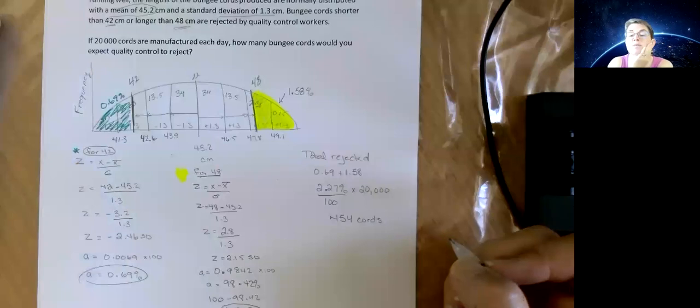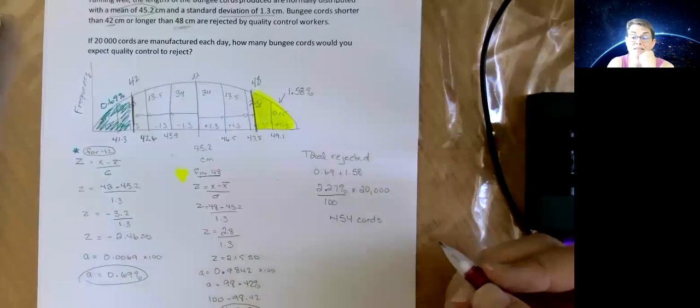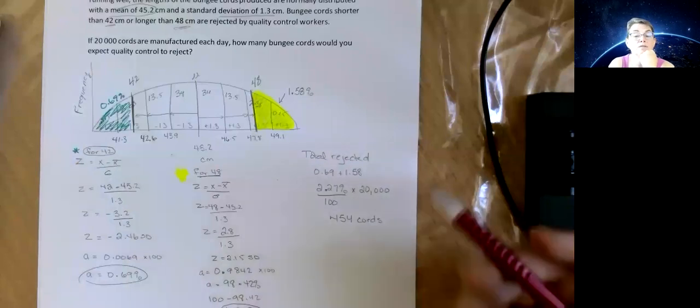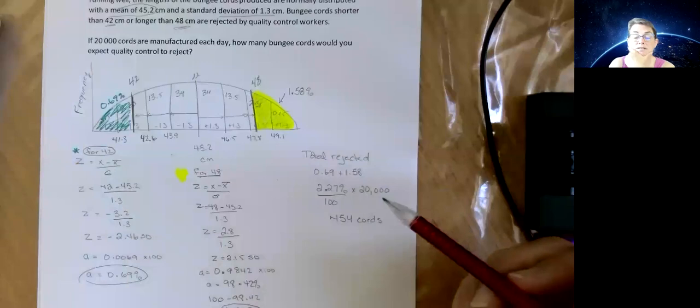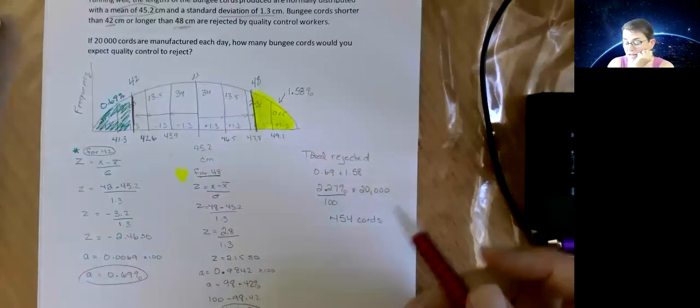Now, I'm not sure how much each one of those cords is worth, but to me that seems like an awful lot. So, wonder how they could fix that. Maybe they need to make some adjustments to the machines so that their standard deviation was smaller and they wouldn't reject as many.